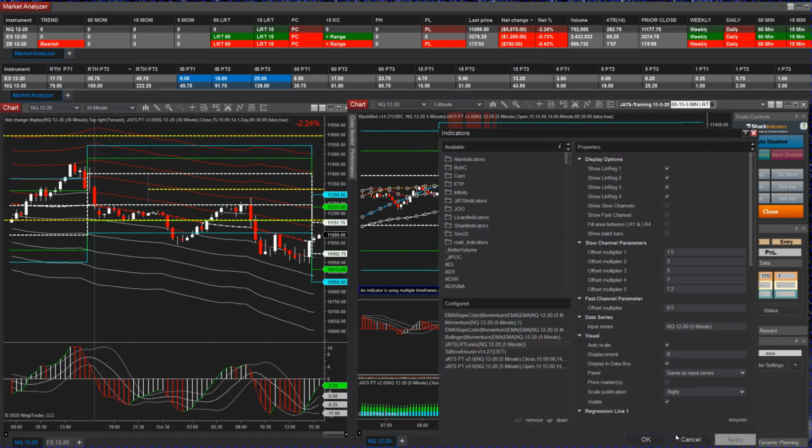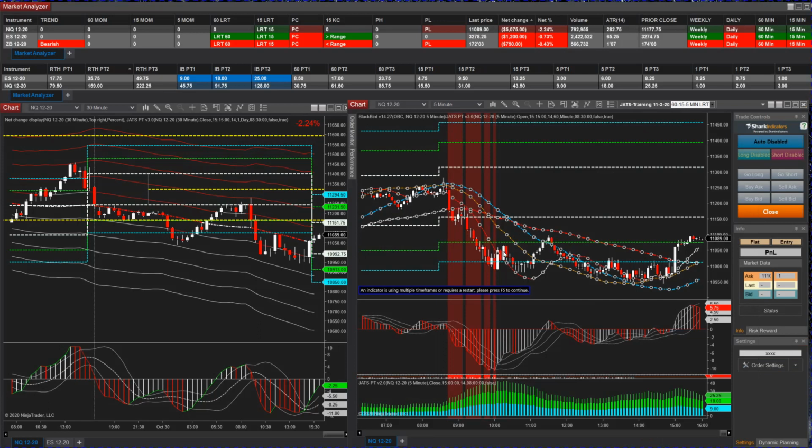So if you get a close above or below that LR4, you can close the trade out, like right here, the white bar just went above the 4. So say that had happened on the way to the target, but it would have gotten you out. Or you could trail whatever you like.